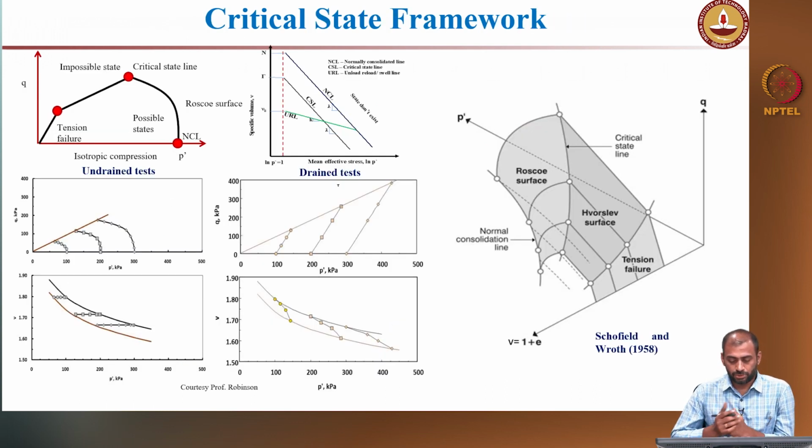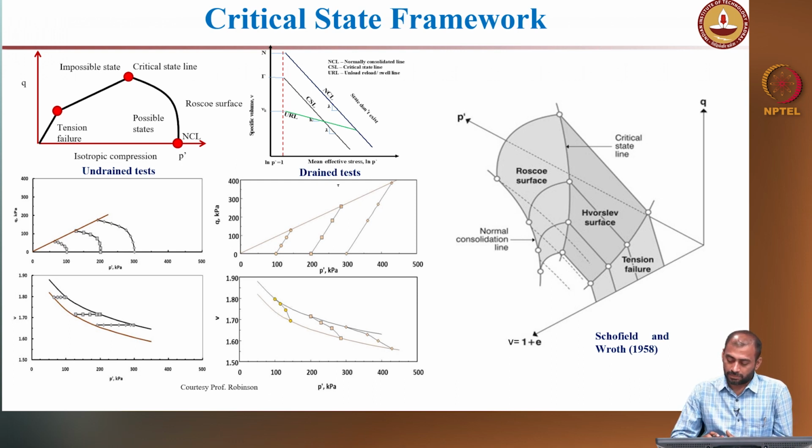So now you have the test data. Now you have to fit all these experimental results in a nice critical state framework, right. This slide will explain what this framework is all about, and the entire soil response can be modeled in this particular framework.